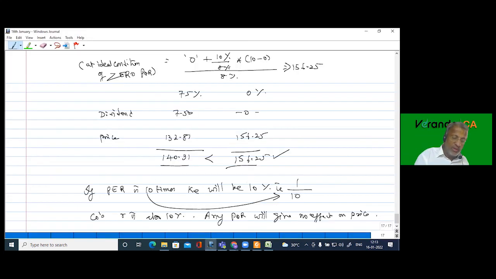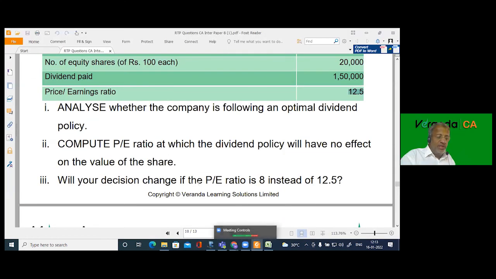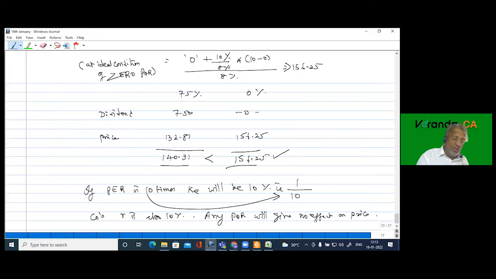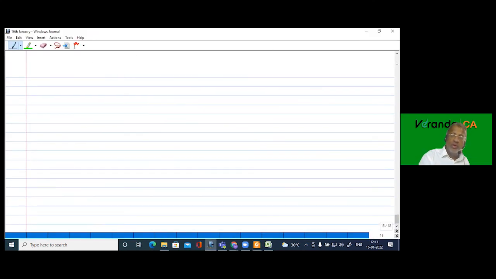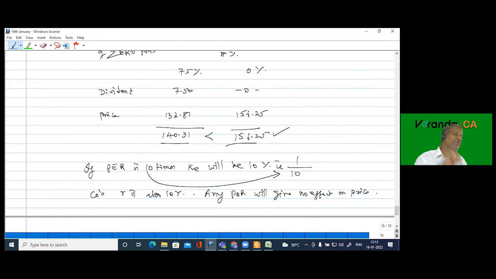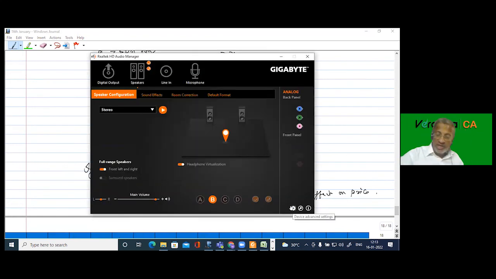Now, will your decision change if the P/E ratio is 8 instead of 12.5? Naturally, it will change. If the P/E ratio is 8, 1 divided by 8 is 12.5%. There, I would say better go for 100% payout ratio.